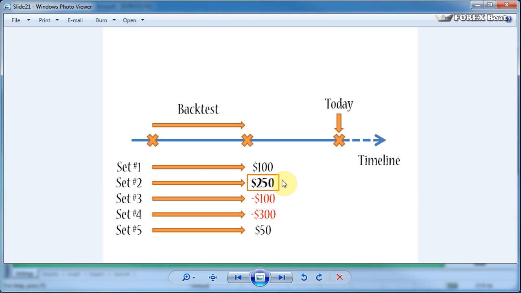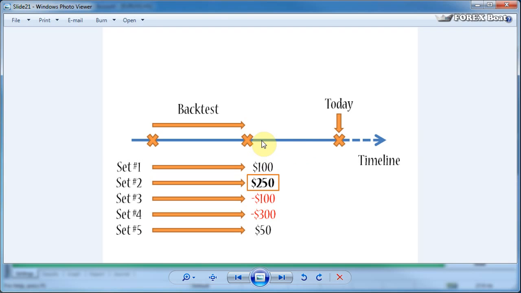Of course this is a very basic approach, and in reality we would look at other things like the ratios that are available in the strategy test report. For example, we'd look at the profit factor and the expected payoff, and also we would want to run some forward tests to see that these sets would actually perform in a similar fashion on this data that we still have available for a forward test.